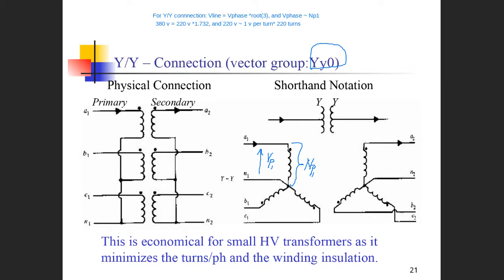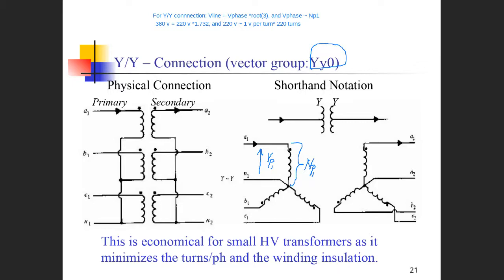Now, for delta, the line voltage equals the phase voltage, and the phase voltage depends on the turn numbers in phase 1.